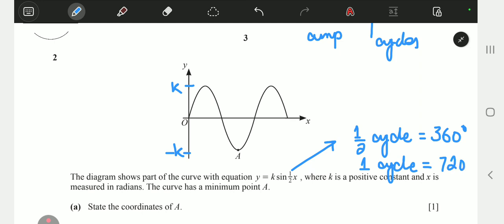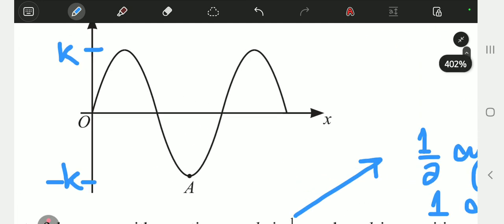So this curve from here to here is 720. But they have measured it in radians, so 360 is 2 pi and 720 is 4 pi. That means this position is 4 pi. Half of the cycle is here, that is 2 pi.